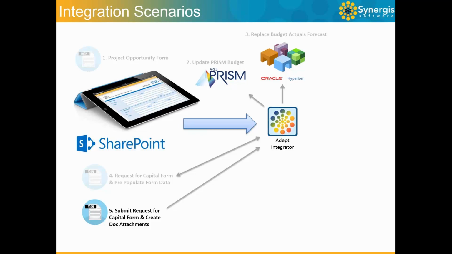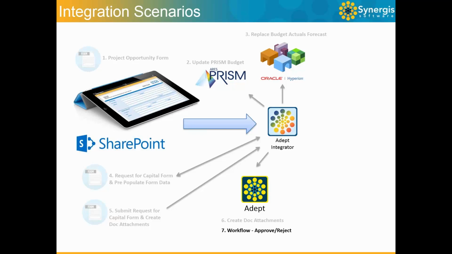And once those are all collated and we've got a full pack, we can submit that document, and by submitting that document, that pack drops down into the Adept engine. From there, that document is created, and now we can go through a whole approval process, and the whole workflow process, which is built in natively within the Adept tool, is now managed.